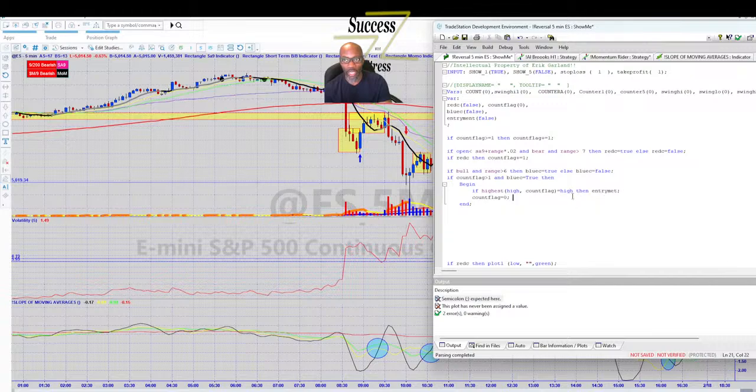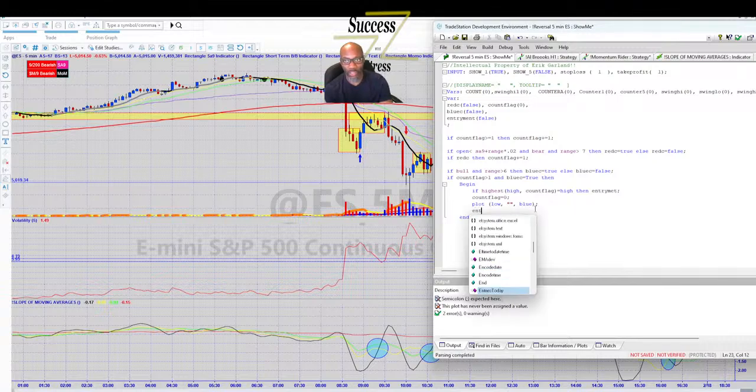We can go ahead and plot. So plot at the low, we're going to plot a blue. I think we were doing black before. We're going to do a blue one. Okay, and then entry met, we can make sure that we turn it to false, so we can get ready for the next setup if there is another setup.